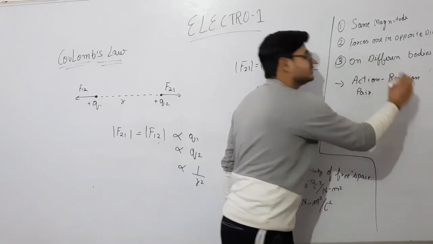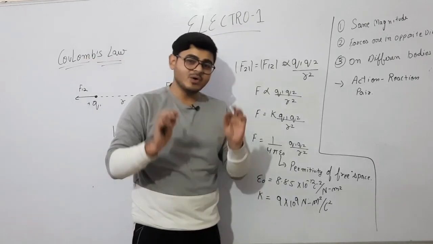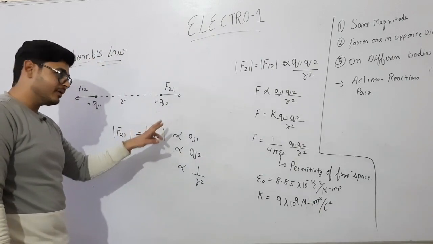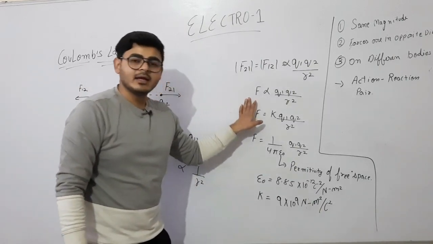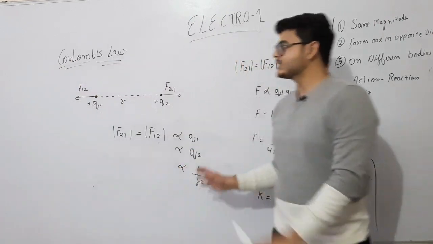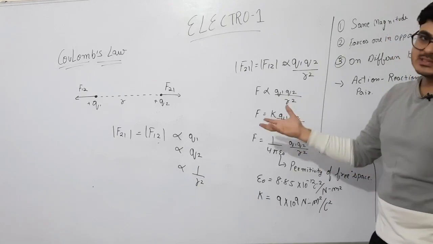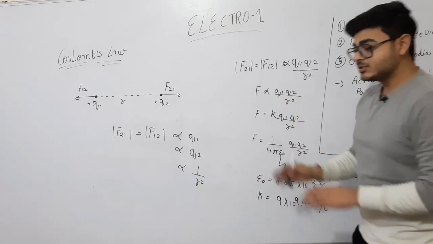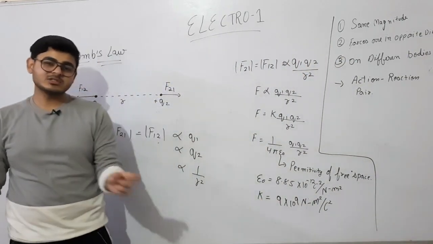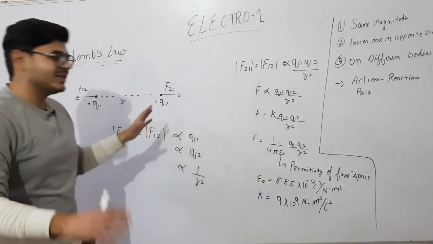Now you have the full feeling that this force is an action reaction pair and its value is given by kq1q2 by r square. This is Coulomb's law, and we have to follow this in every question. But it's not yet finished; we have to conclude some other small things here also.